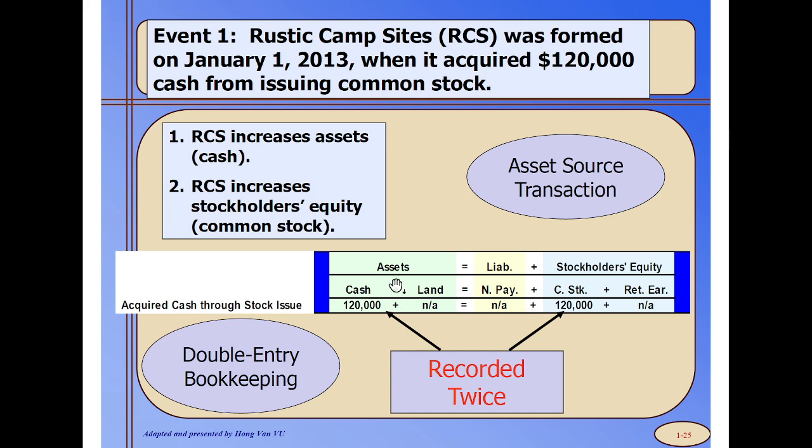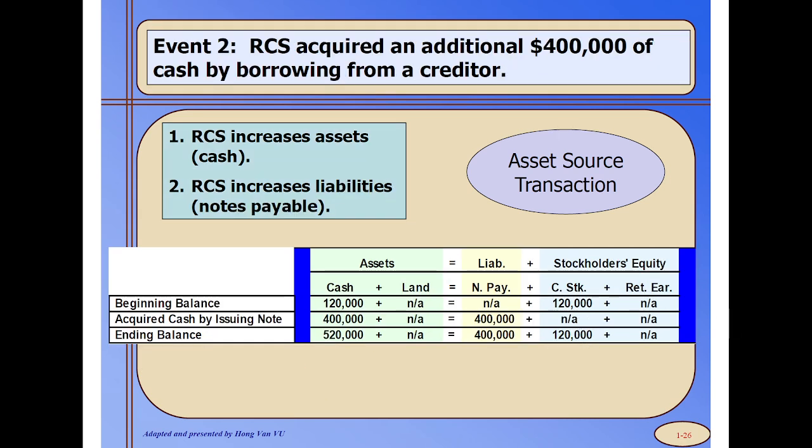So now we see the 2 sides of our equation. At the beginning, the cash is 0, and now the cash increased by 120,000 on the left side of our equation. On the other side of the equation, the stockholders' equity also increases by the same amount of 120,000.